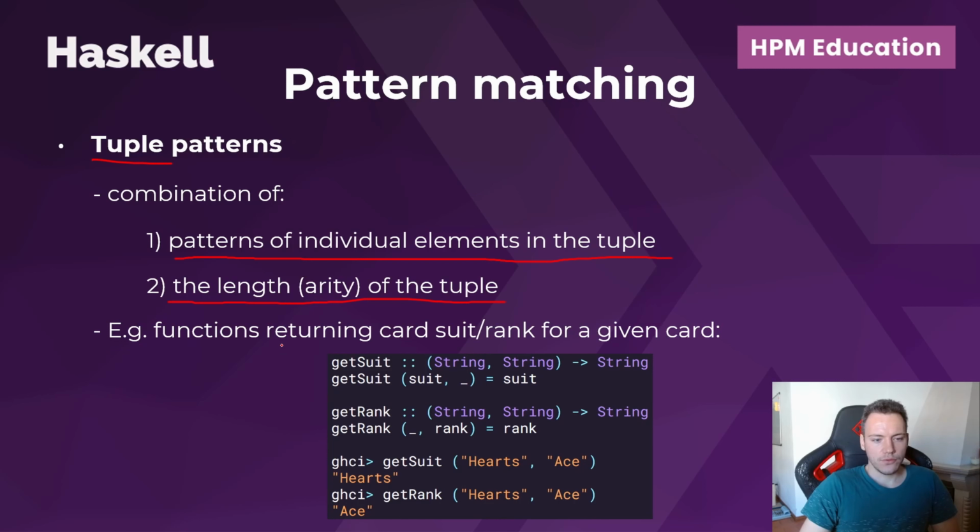Here's an example for 2 functions, one that returns a card suit and one that returns a card rank for a given card, under the assumption that we represent a card as a tuple of 2 strings. So the first one is a suit and the second one is the rank. So let's look at pattern matching here.